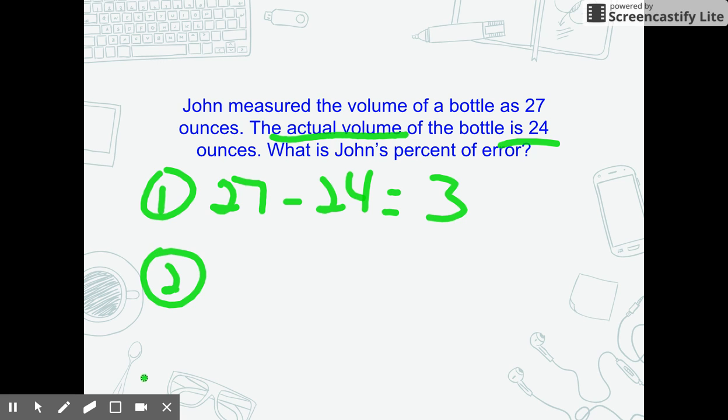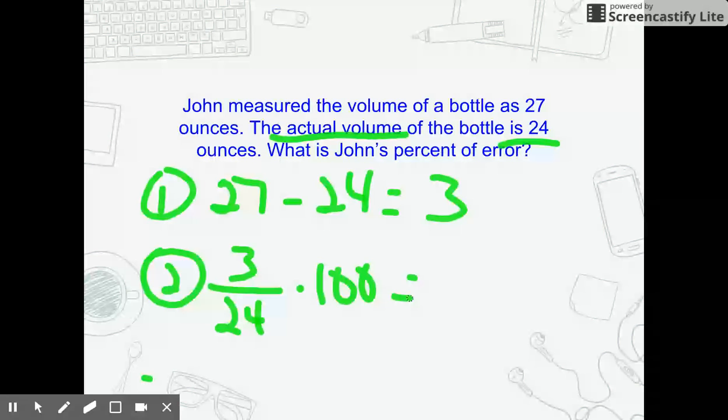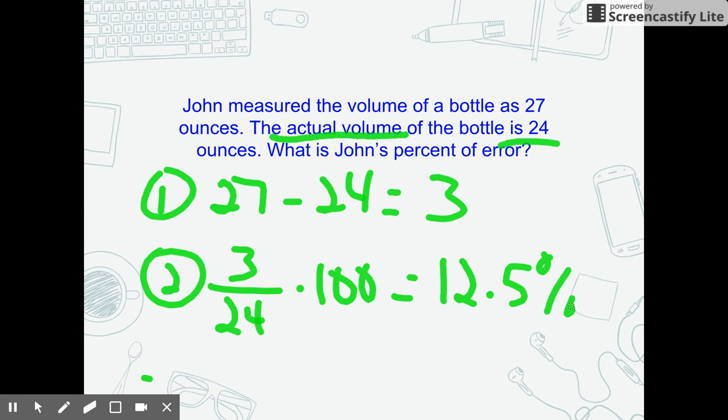Step 2, we're going to set up and solve. The difference in this case over the actual, which is 24, and we're going to times it by 100. And our answer is 12.5%. Ooh, that's pretty bad. He needs to do a little bit better.